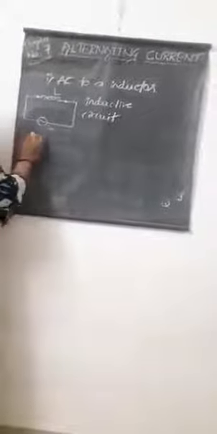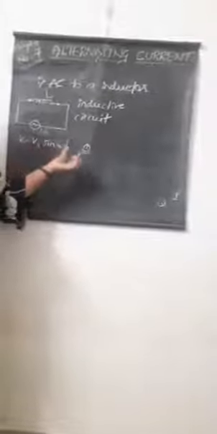We have to start it similarly. What we have done? V is equal to V0 sin omega t, which is already given. Means in this circuit the alternating voltage is V is equal to V0 sin omega t. And I told you this inductor opposes the change in current.